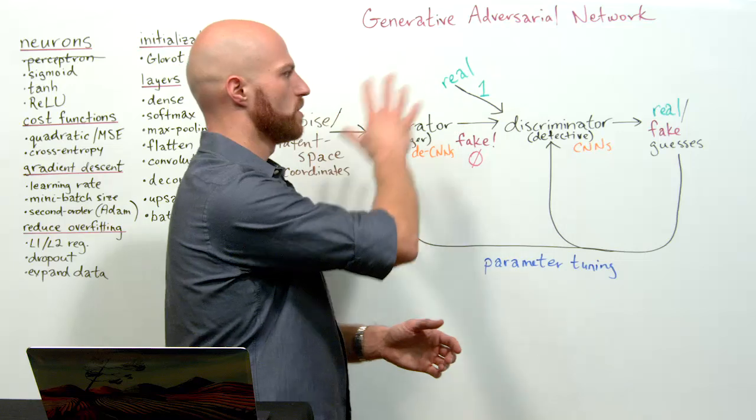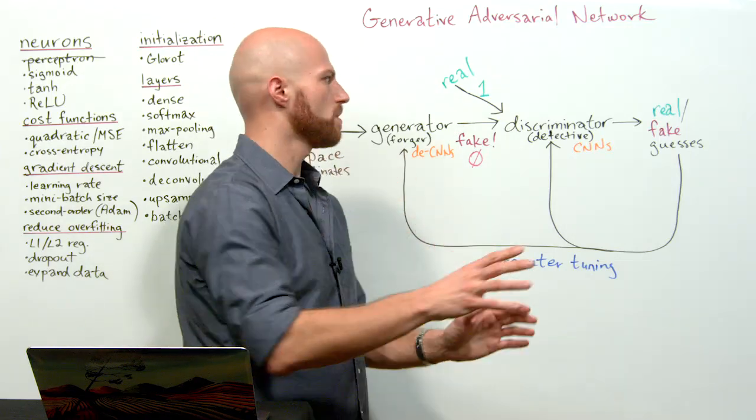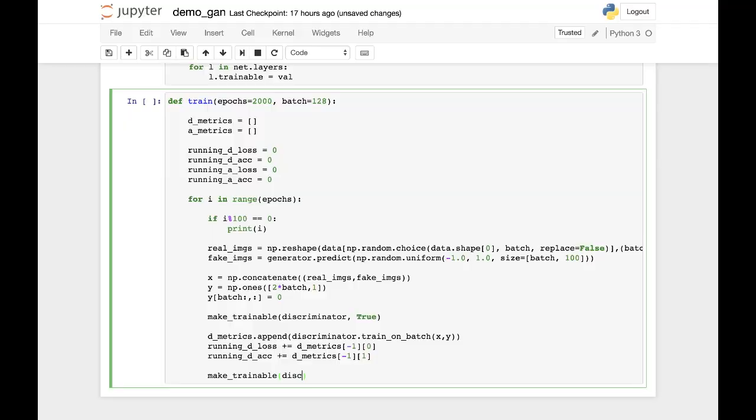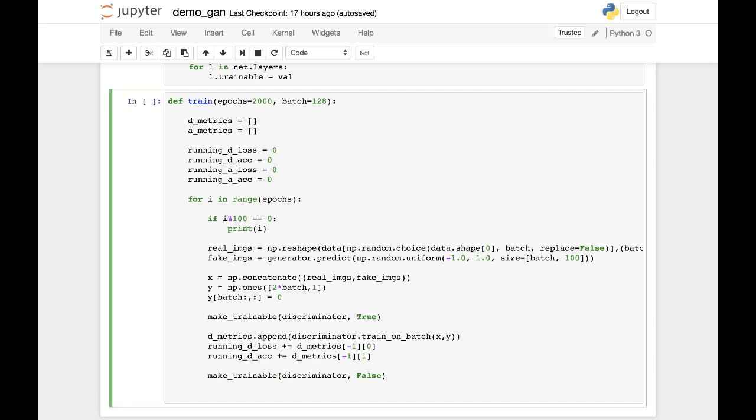But now we want to train the whole adversarial network. To do that, we want to freeze our discriminator weights so that they can't change. So we set our discriminator trainable to false. We sample some random noise again. And this has the same parameters as last time. So we can grab this line of code, paste it here.